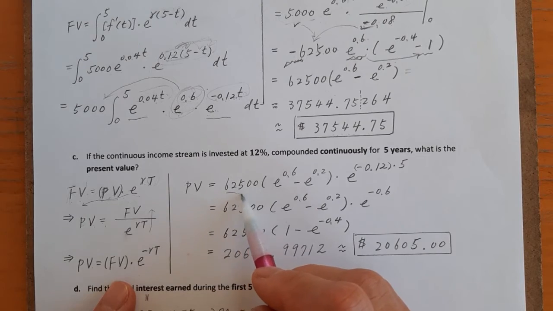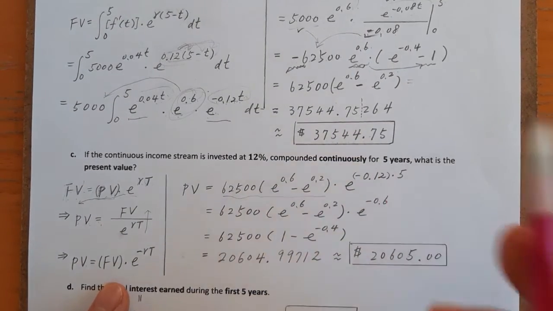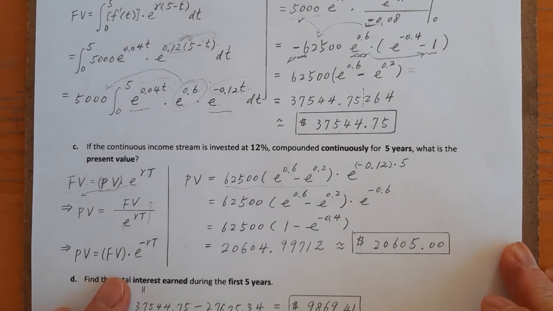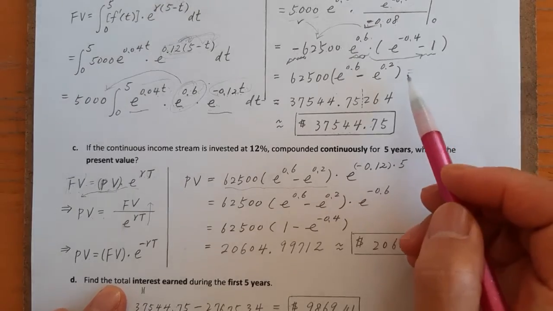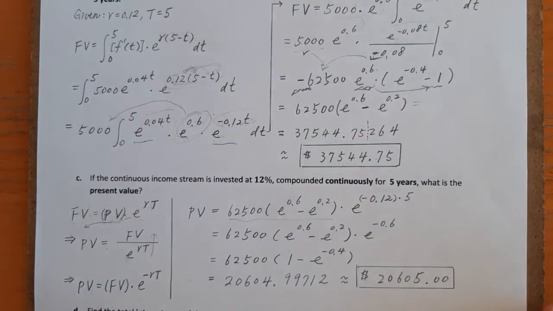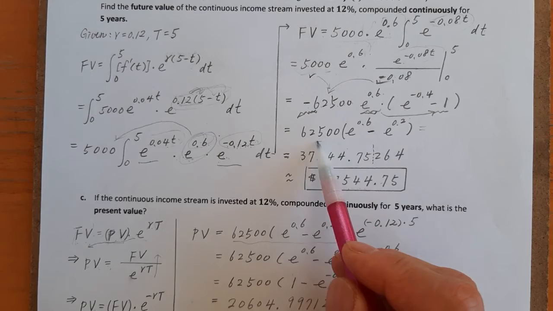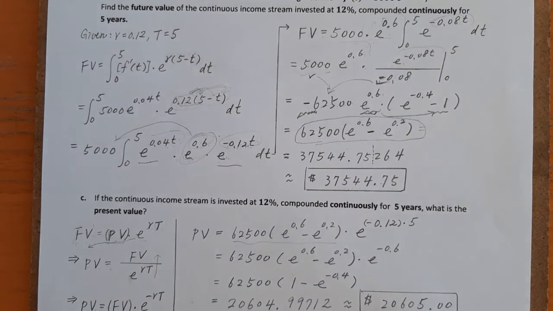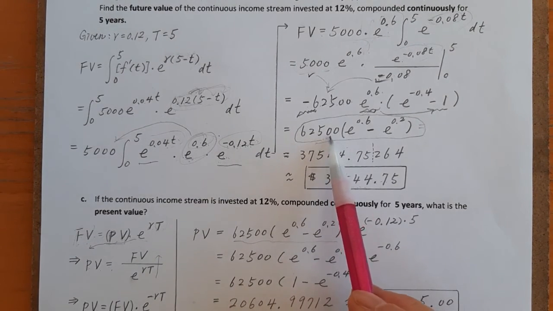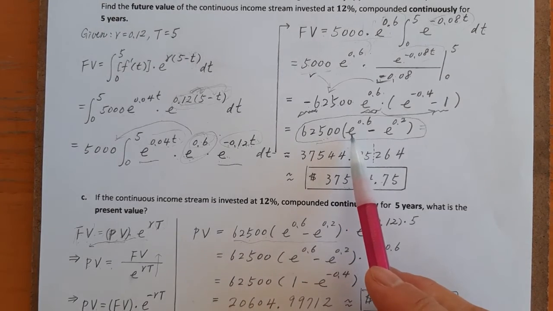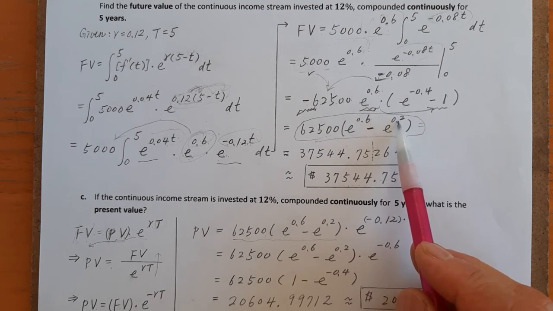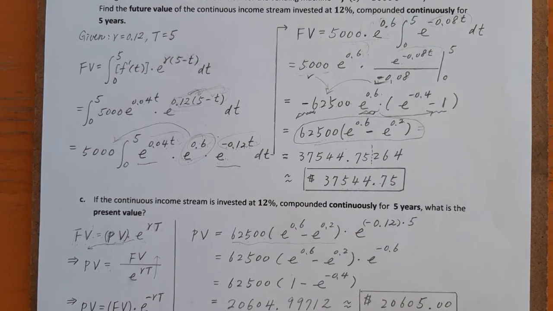Now here I use the exact number, don't use a rounded number. We round at the end for the final answer, and between the procedures we always use exact values. So we'll use this exact value, then you can get an accurate final answer. So use this one, 62500 times parenthesis e to the power 0.6 minus e to the power 0.2, which is the future value, exact value.